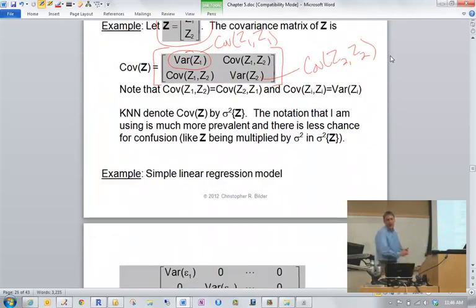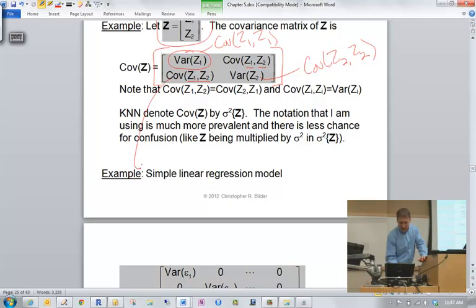Okay. Notice the off-diagonal elements. So row 1, column 2, that's where you put the covariance of Z1 and Z2. But look at this here. Row 2, column 1 is the covariance of Z1 and Z2. So they're exactly the same as row 1, column 2. Well, why?